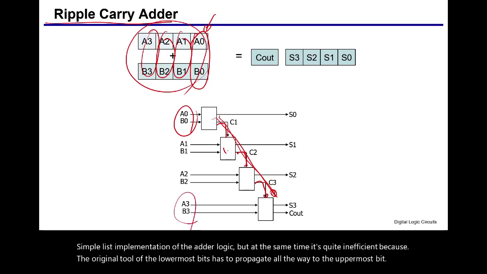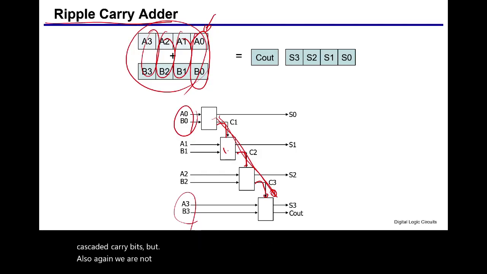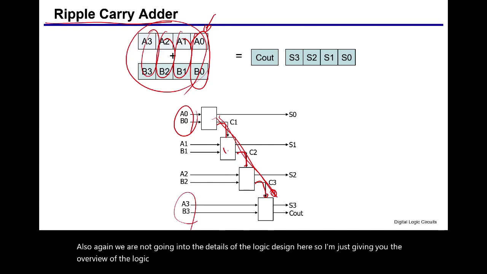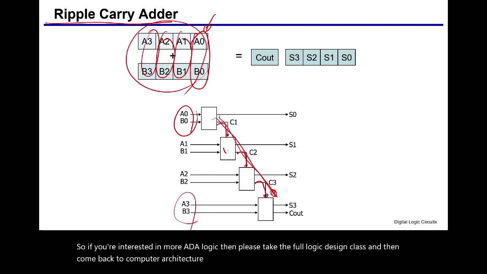So there are more clever ways to design the multi-bit adders to reduce the overhead of cascaded carry bits, but again, we are not going into the details of the logic design here, so I'm just giving you the overview of the logic design. If you're interested in more adder logic, then please take the digital logic design class and then come back to computer architecture class. But let's move on for now.